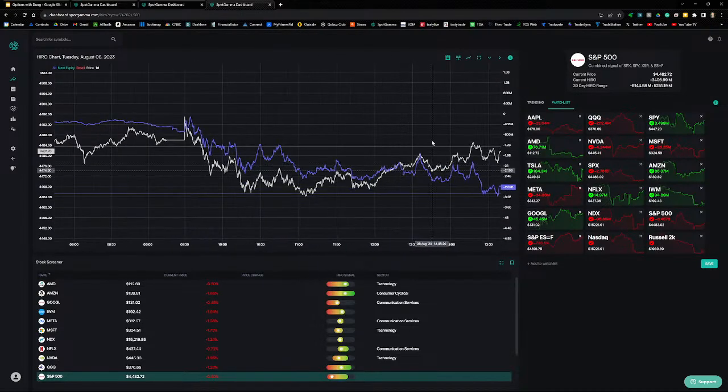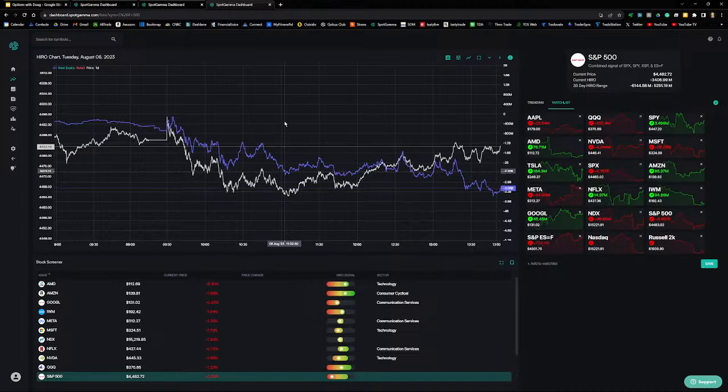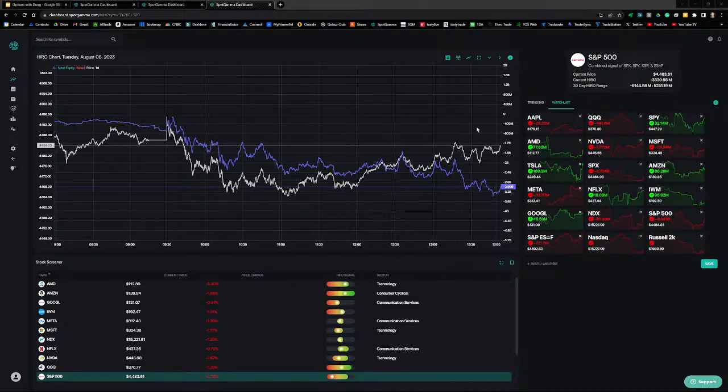So this is the hero signal. This is provided to SpotGamma subscribers. HERO stands for Hedging Impact and Real-Time Options. This is showing price for SPX, that's shown with the white line, and then market maker options trades, traders' options trades, and the corresponding market maker hedging activity for a combined signal for SPX, SPY, XSP, and ES futures.